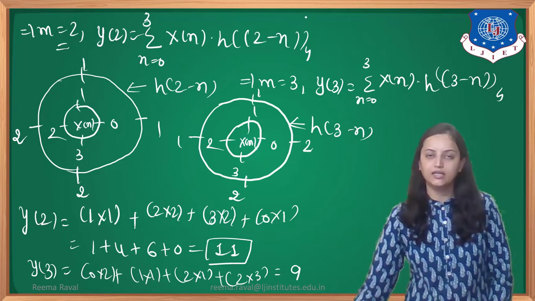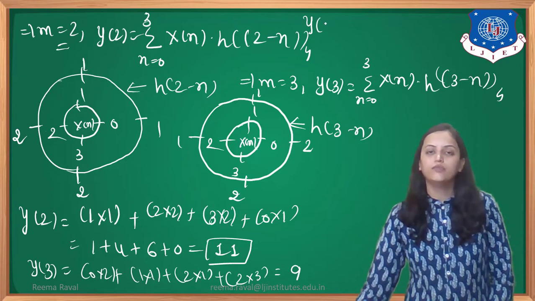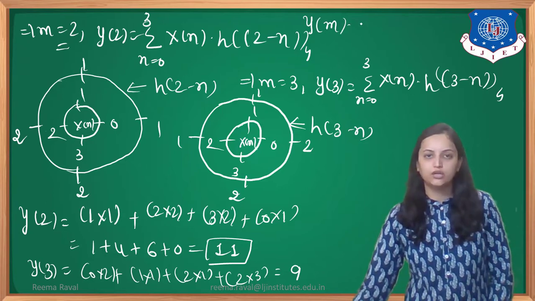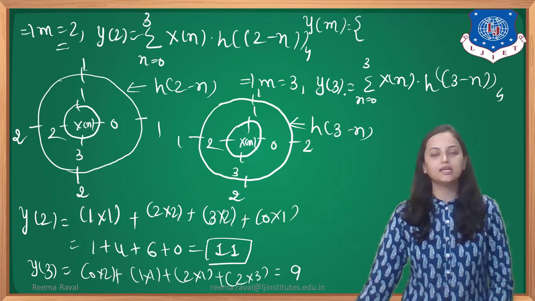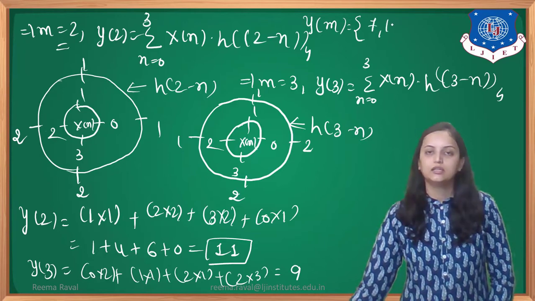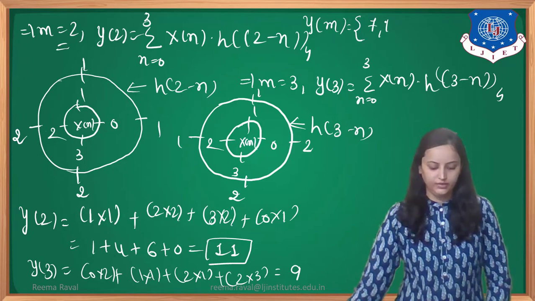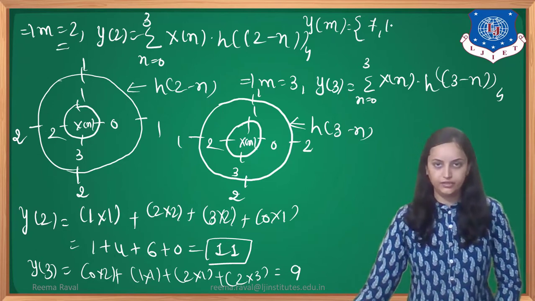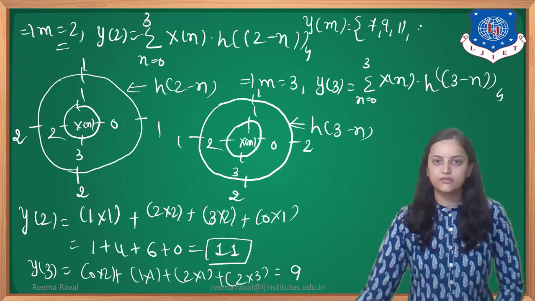If we write the final answer, we get y of m, that means the answer of circular convolution, from point 0 to 3. The first value was 7, then the next value was 9, then the next value is 11, and then the next value is 9.